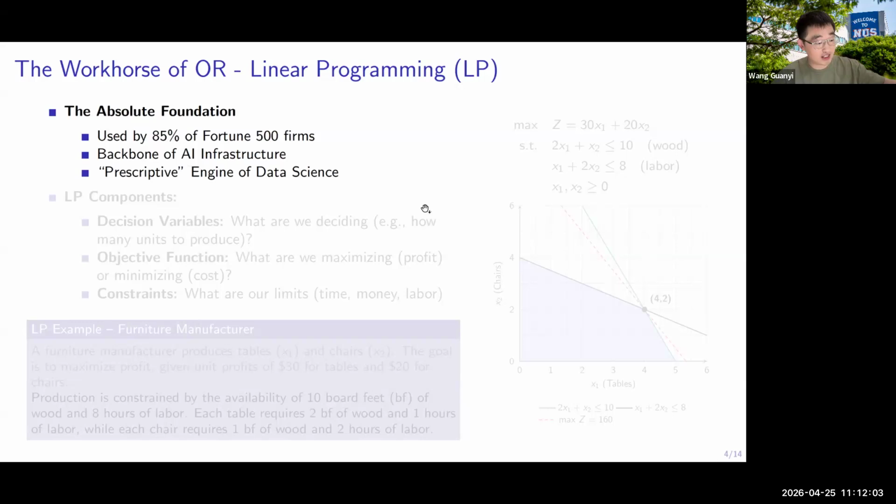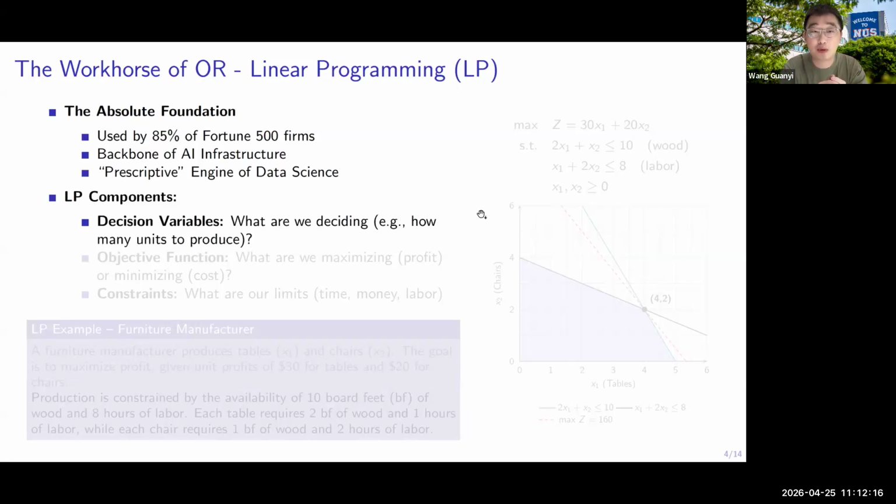But they do it in their back end. They don't show it in the app. Okay. So linear programming seems very important. It is a sharpened weapon for operations research analytics.